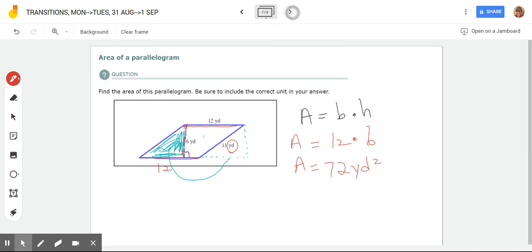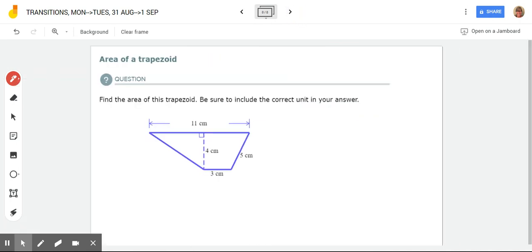Okay. Next. Again, formula, substitution, resolution. The area of a trapezoid is base 1 plus base 2 times h divided by 2.